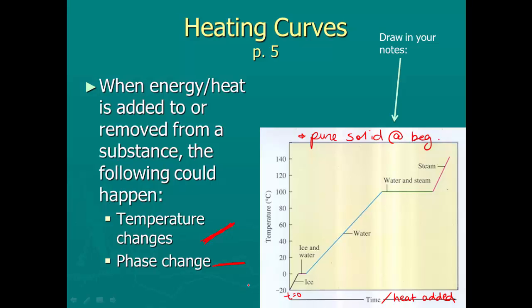And it might seem kind of strange to you that as we continue to add heat, there are these portions of the graph where the temperature is not changing, but that is what we observe. So we need to better understand what's happening to the molecules. The energy is being added, and that energy is going into the molecules, but what is actually happening to the molecules? So that's what we're going to talk about. So if you need to pause it to finish drawing this diagram, go for it, and then continue on when you need to.